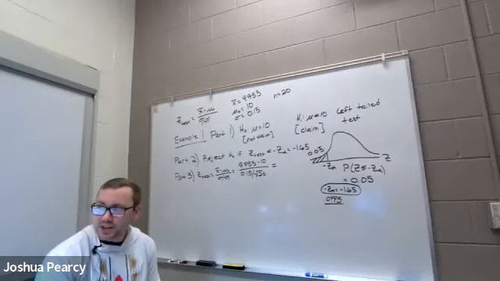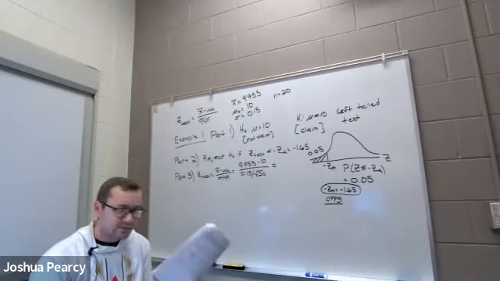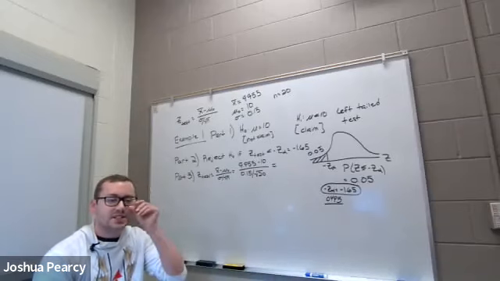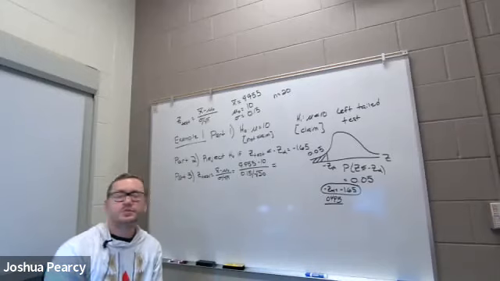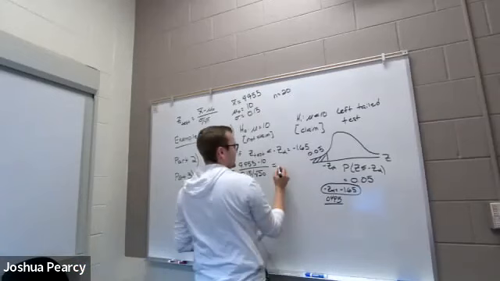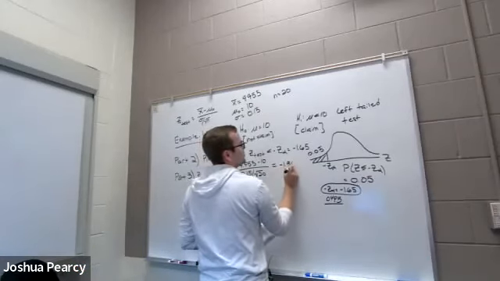If you plug that in the calculator, what do you get? To 2 decimal places. Yep, correct. Negative 1.34.